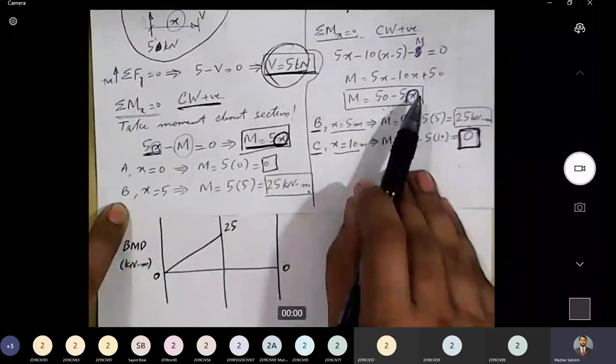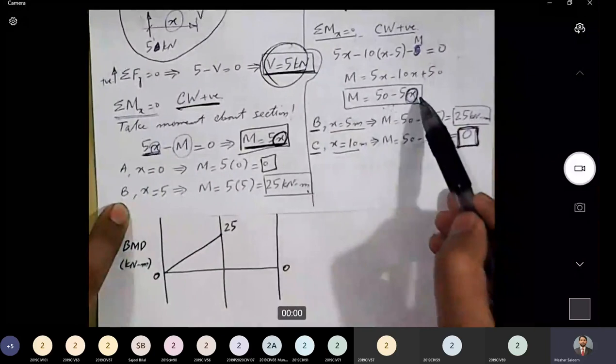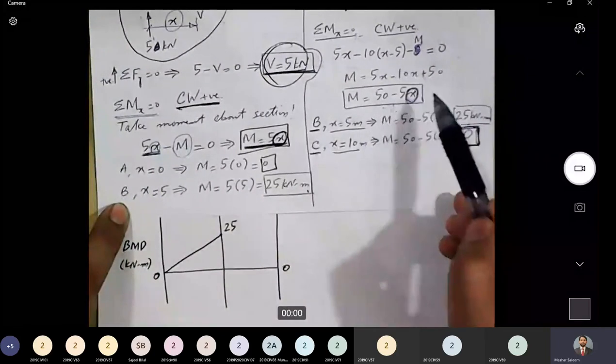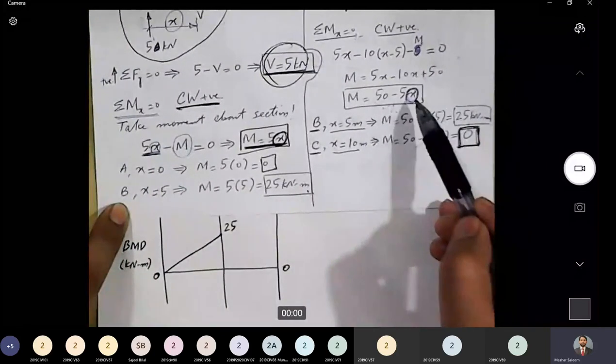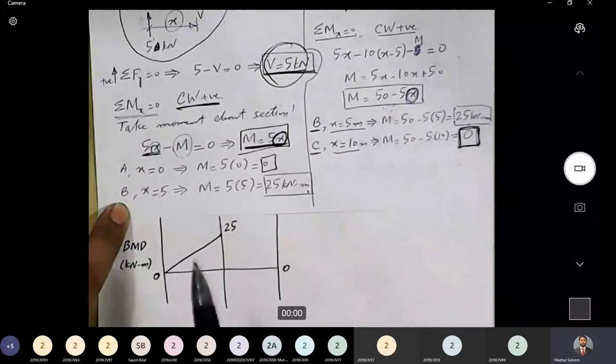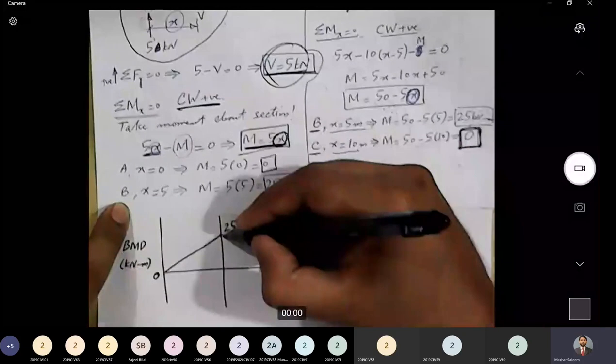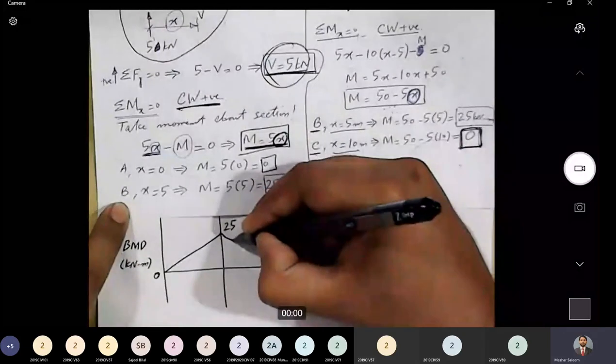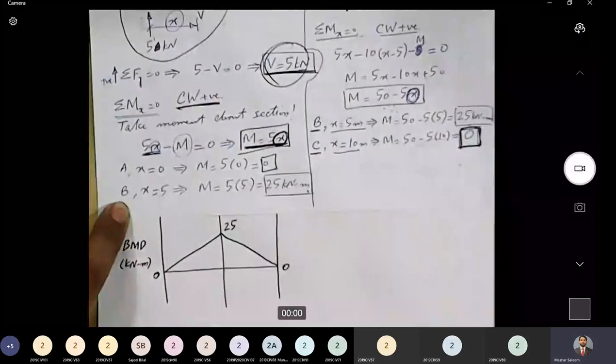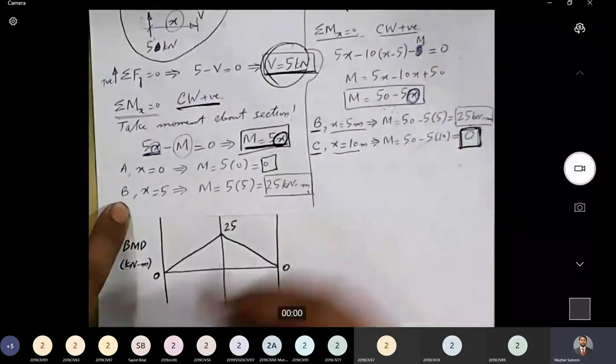Similarly, for portion BC, this is the equation of moment for portion BC, 50 minus 5x, and this is a single degree line. So we should join this point with this point through a first degree line. Here it is, a straight line without any curve.